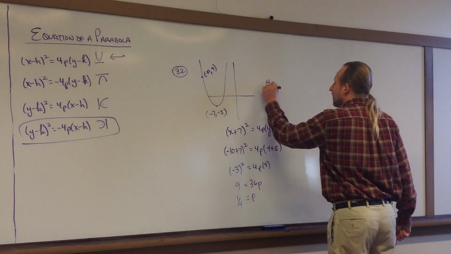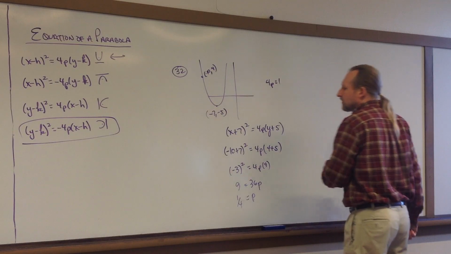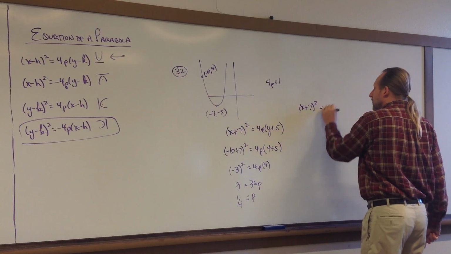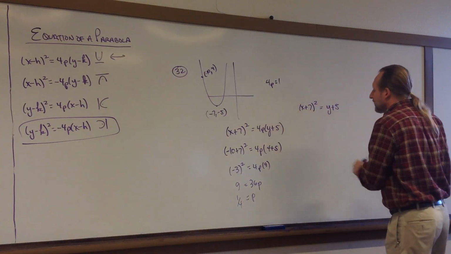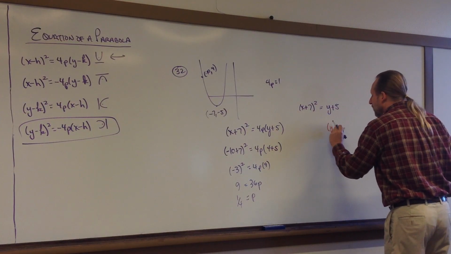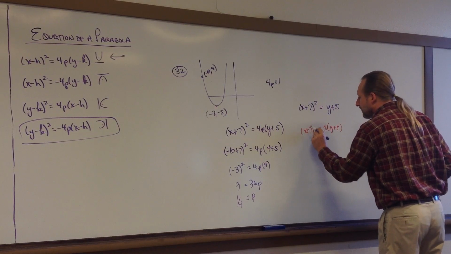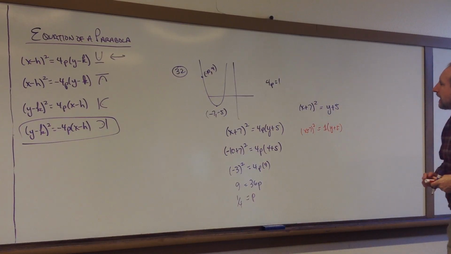So 4p equals 1. So this equation is going to be (x plus 7) squared equals y plus 5. You can put that in parentheses and put a 1 outside there if you want to, if that makes you feel better. Nothing wrong with that, but you don't have to.